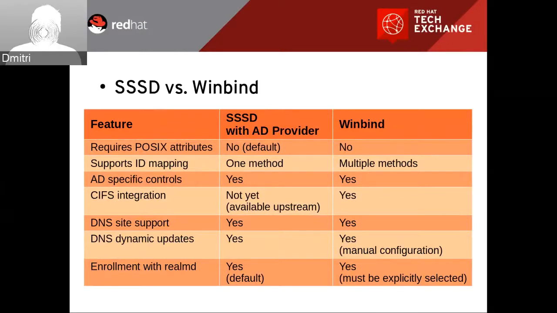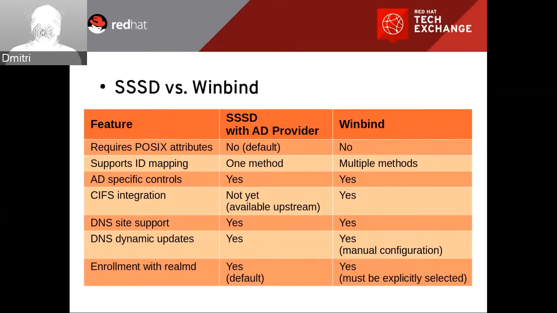CIFS integration is probably the only feature that is missing in SSSD. So if you are planning to use file sharing, then you still want to position Winbind. But if you are not going to use file sharing on the Linux system, then SSSD is the recommended choice.